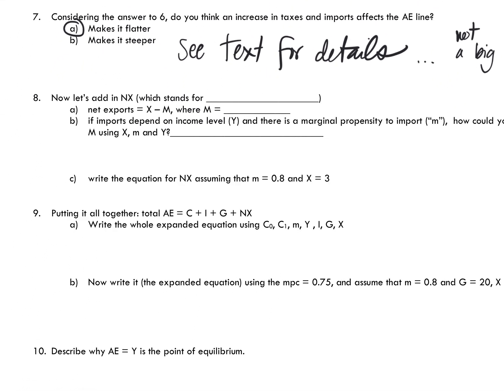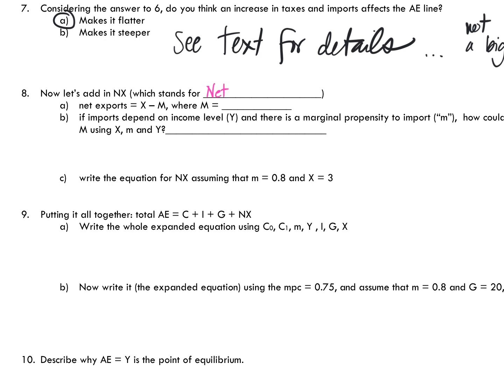All right, moving on. We're going to add in net exports. So the notation, as a reminder, is NX, and NX is X minus M, where M is imports. Just like we did with taxes, how do you figure in this particular leakage? Well, net exports is exports minus imports, and we know that we import more when our income goes up, so you can think of imports really as a function of income, where M is the marginal propensity to import.